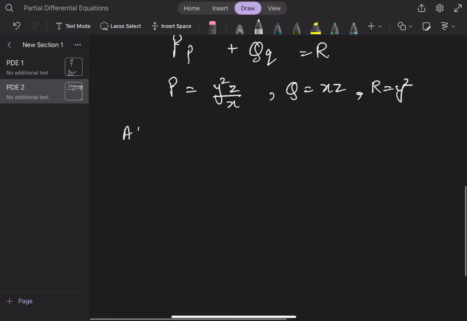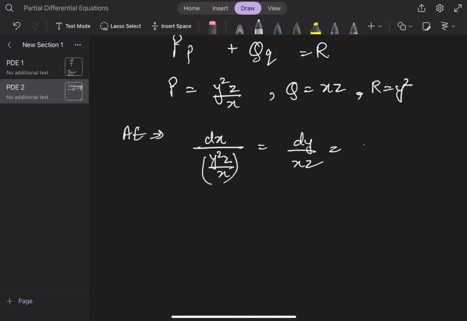So your auxiliary equation becomes dx by y square z divided by x is equal to dy by xz is equal to dz by y square.